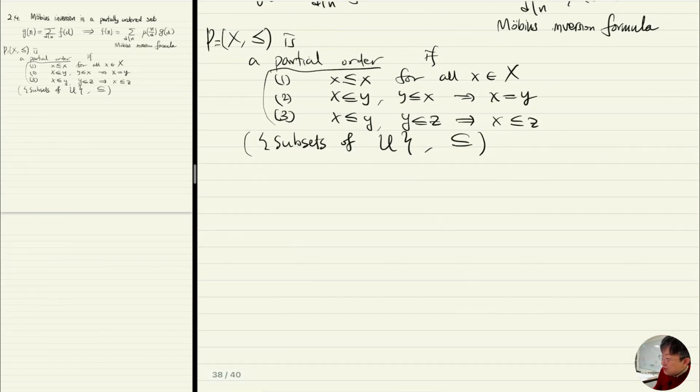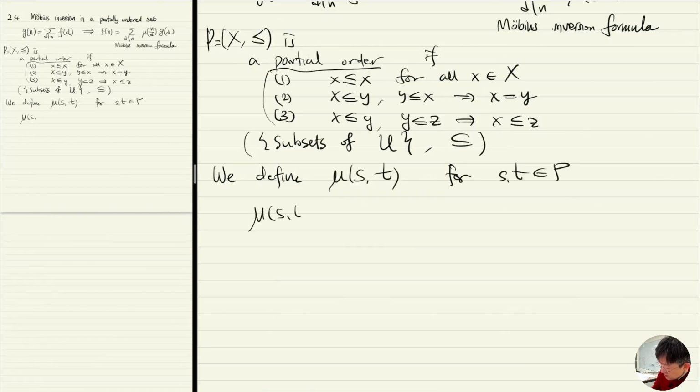And now we will define the Mobius function on the partial order as follows. We define mu of s comma t for s, t in P. So mu of s, t is 1 if s is equal to t, and 0 if s is not less than or equal to t.